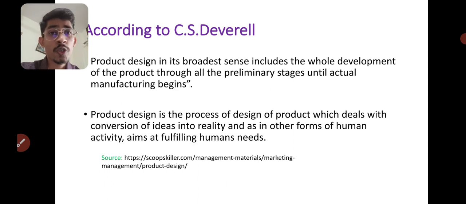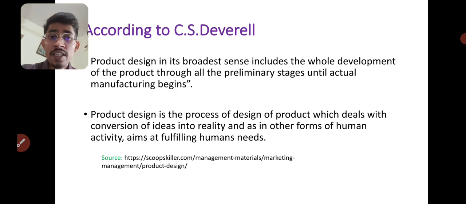Before manufacturing, the product has to go through all the preliminary development stages: creative thinking, conceptualization, sketching, and detailed designing. That is your product design. So C.S. Devrel has defined product design very well in this manner.